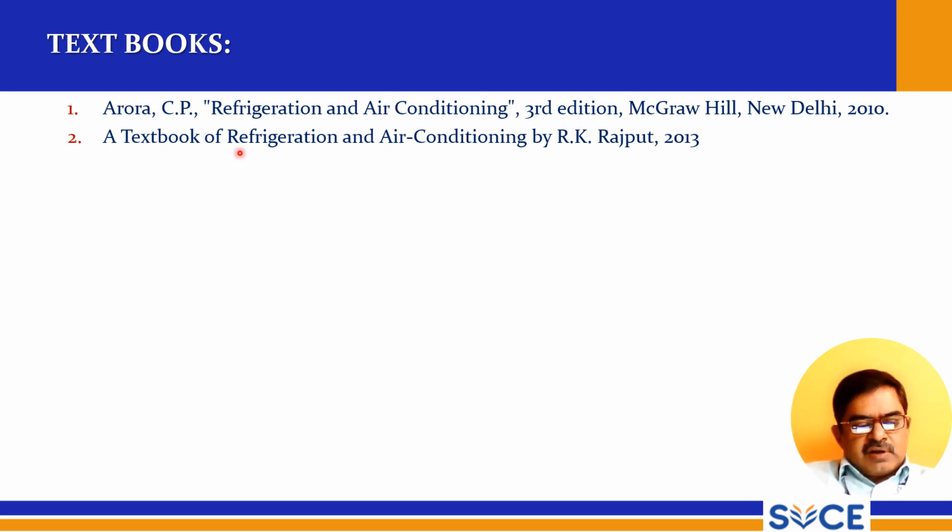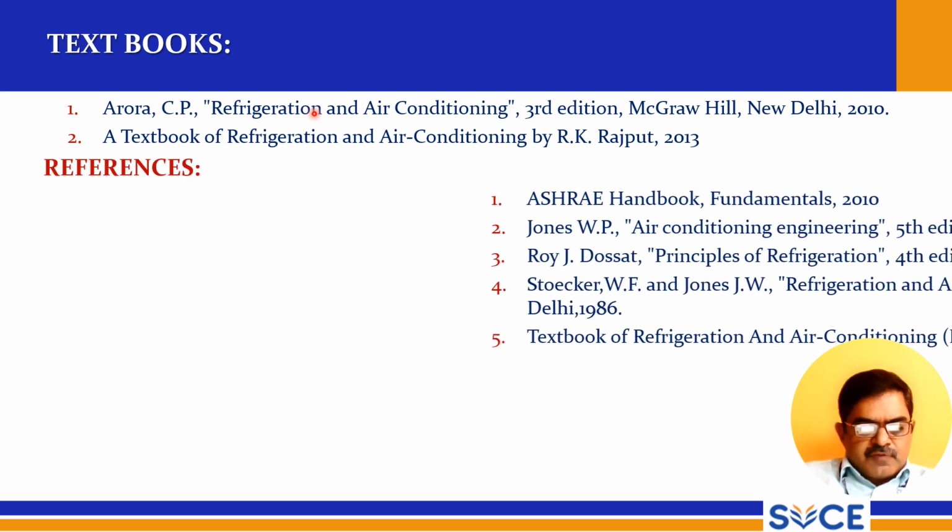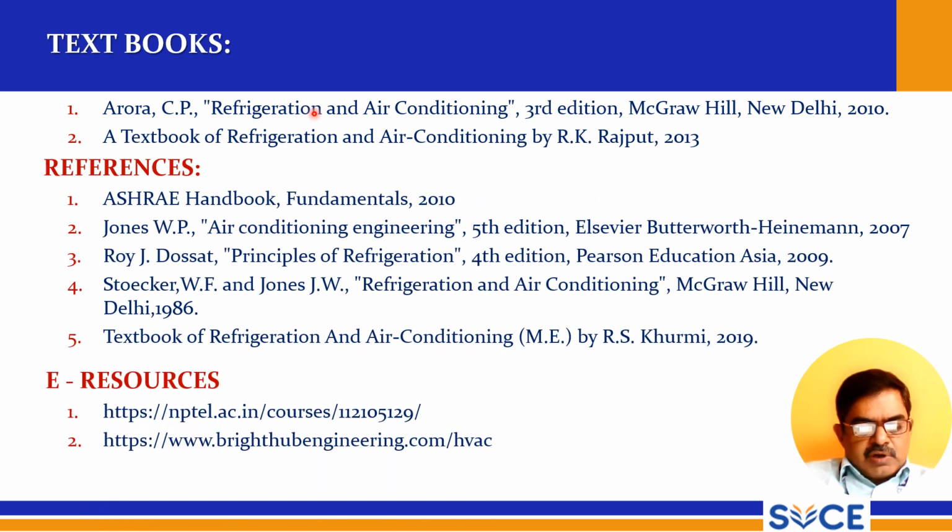Refrigeration and Air Conditioning by Rajput also gives you a few contents and covers almost all the topics. Everything you can find in the CP Arora book, and you can also refer to the Kurmi book, and other resources are also available.